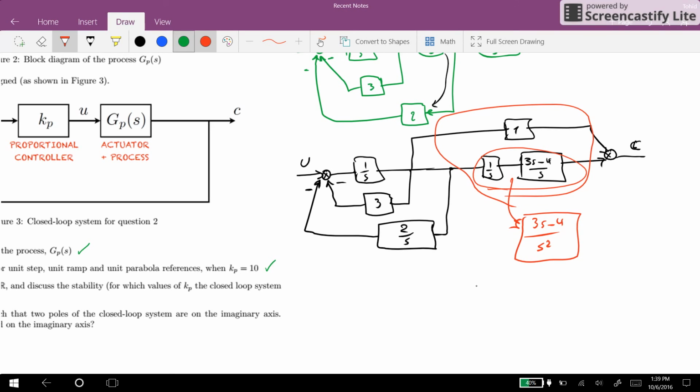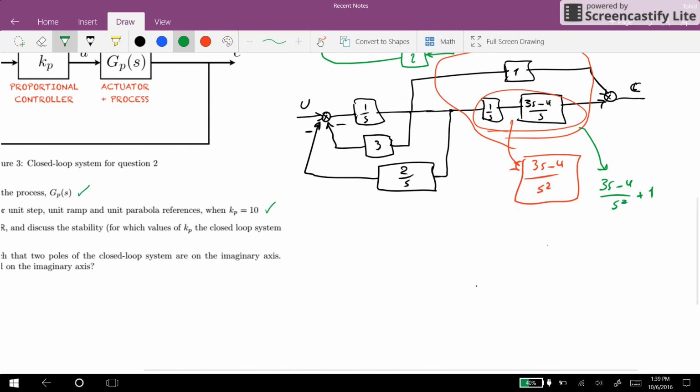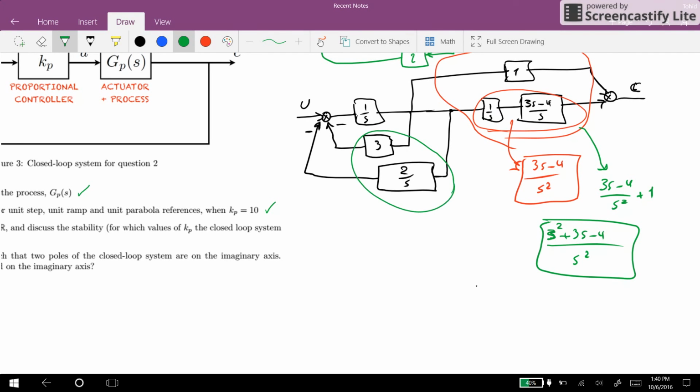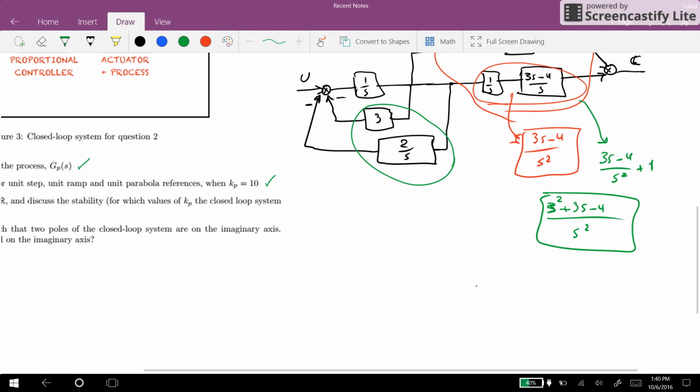So the whole thing here will be equal to 3S minus 4 over S squared plus 1, which is equal to S squared in the denominator and S squared plus 3S minus 4 in the numerator. And here we see that these two branches are in parallel with each other. So we will have 3 plus 2 over S, or 3S plus 2 over S.